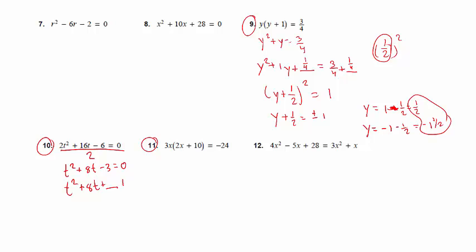And I'll find my own value that makes this a square. Oops, that should be equals. So half of 8 is 4, and 4 squared is 16. And I can rewrite this as t plus 4 squared equals 19. Square root both sides.